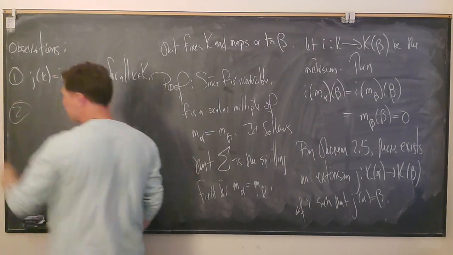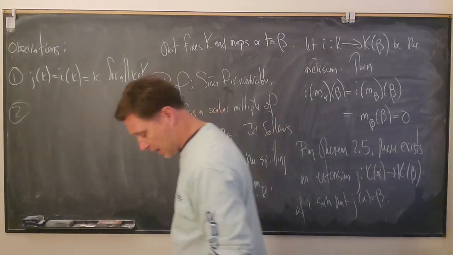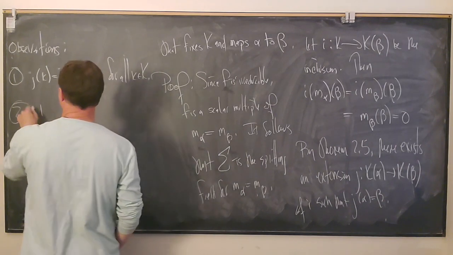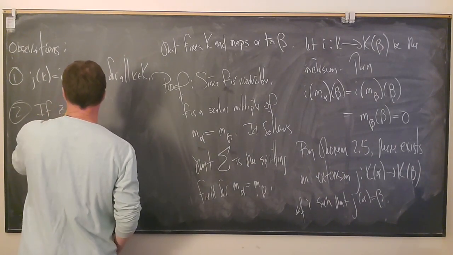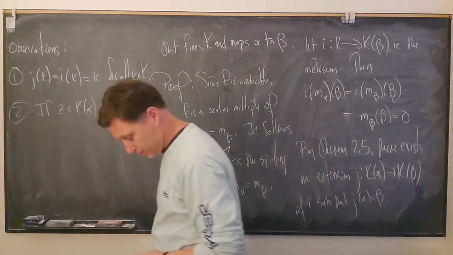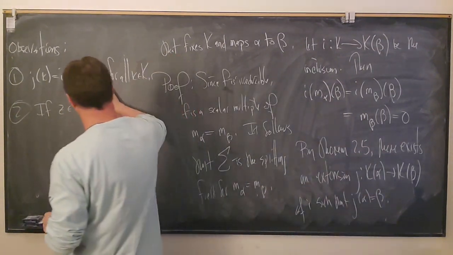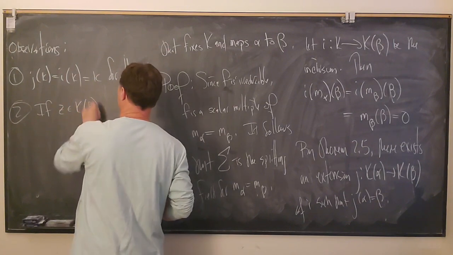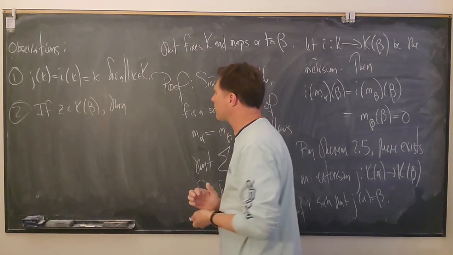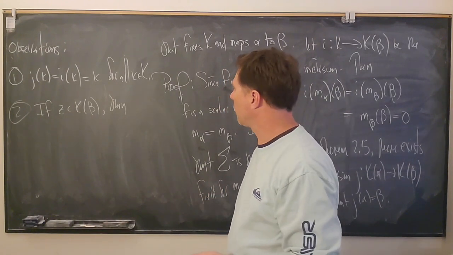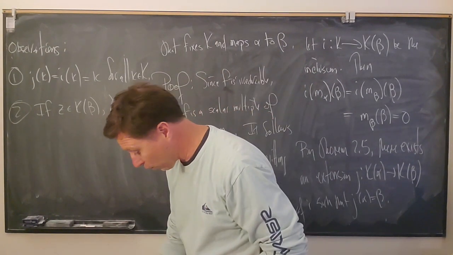And then the second of the observations, if we take Z in K adjoin beta, then we can express Z as a linear combination of powers of beta.